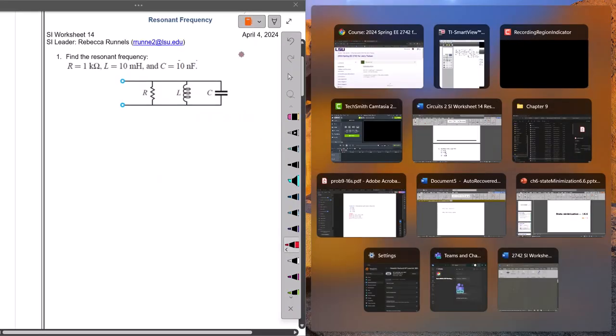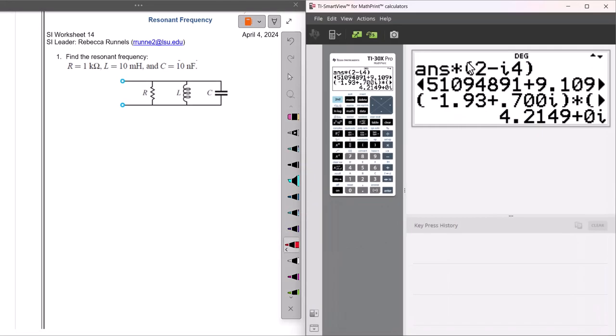If I can get my window correct, does not look like I am capable of doing that. All right, so here I've got a resistor, an inductor, and a capacitor in parallel.